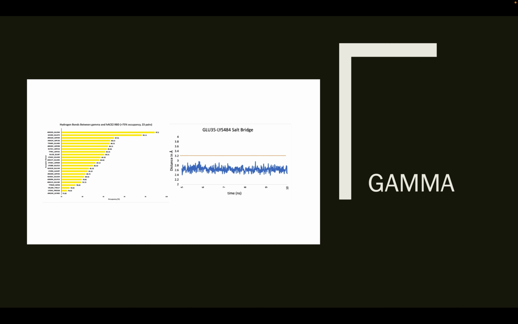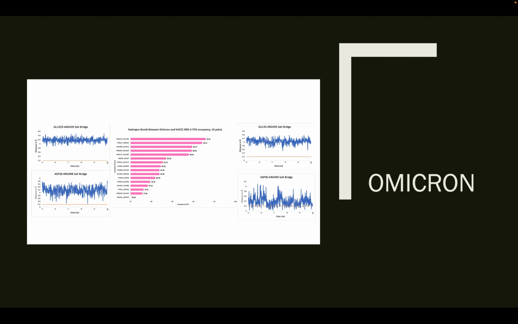And coming to gamma, it has a hydrogen bond of highest occupancy 97.2% and it has only one salt bridge, which is strong. And coming to omicron, it has a hydrogen bond of highest occupancy 92.91% and it has four salt bridges. Among those, two are weak and two are mid-ranged.